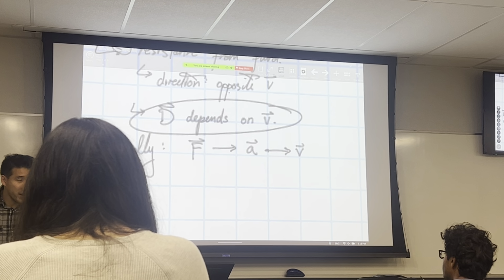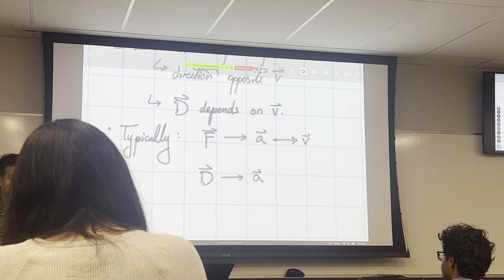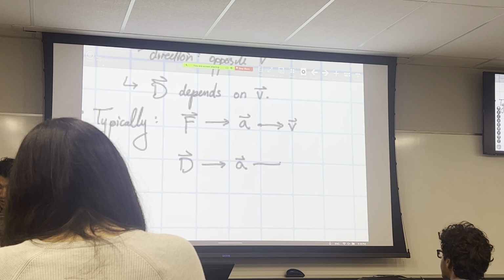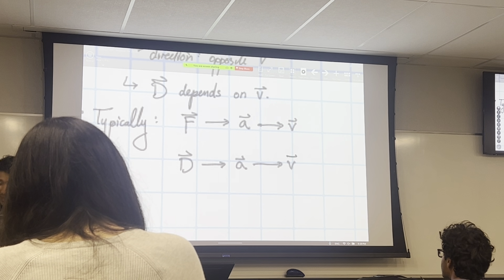Why? Well, let's see. Your drag force will determine your acceleration. That makes sense so far? The force can affect the acceleration. Then acceleration will tell you what velocity is.